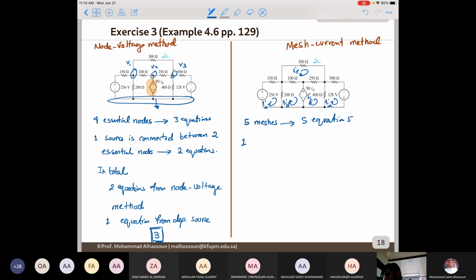I have 1 equation from the dependent source. So this implies that I have 6 equations.